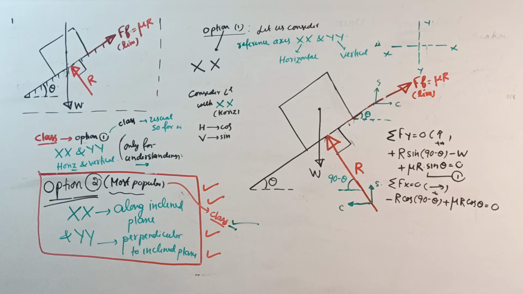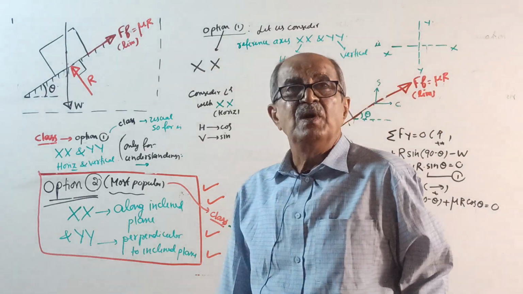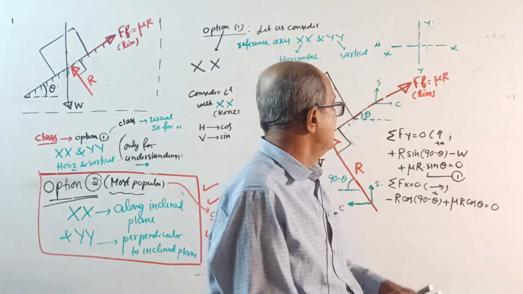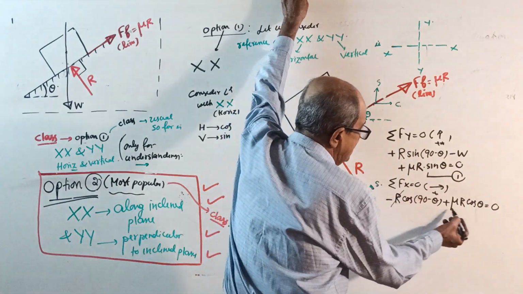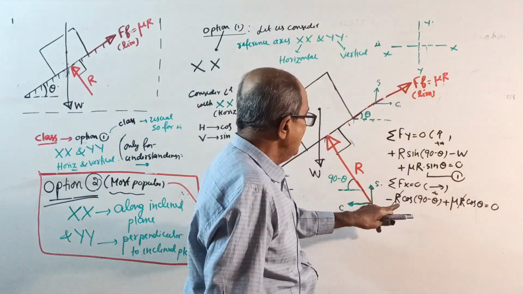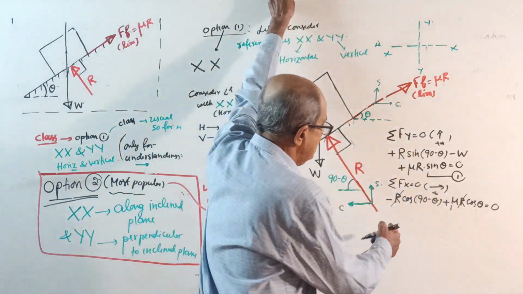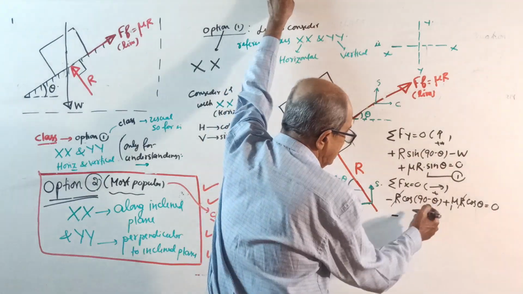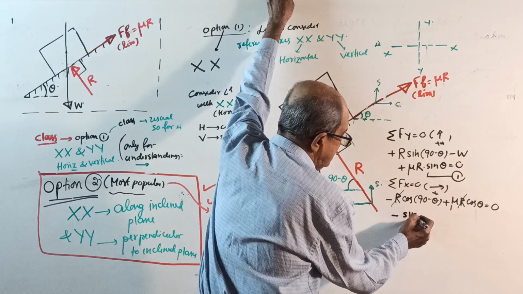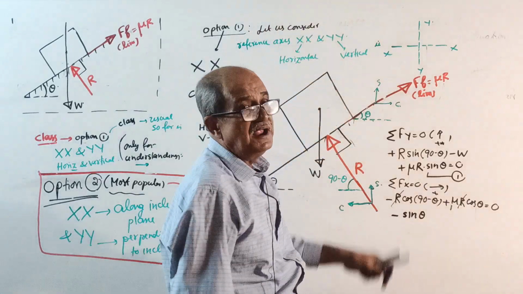Okay, now do one thing. Our purpose is to find theta, correct? This is the equation here. See, R will cancel. Your R and R will cancel. Cos of 90 minus theta is sin theta. That much mathematical knowledge should be there.